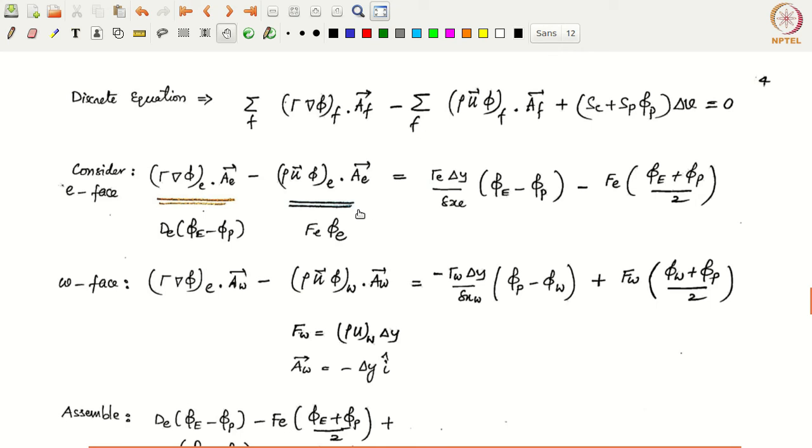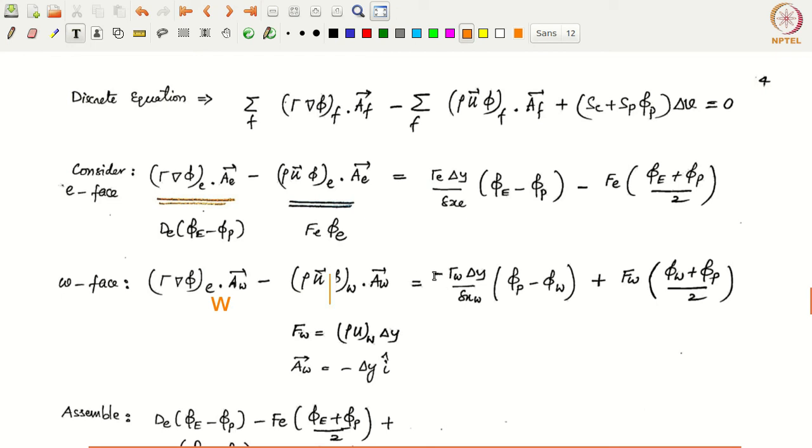All right. Now, can we write a similar expression for the west face? Yes, we can. So this is of course a mistake; this was supposed to be W. Now this would be gamma grad phi w dot Aw bar minus rho u phi w dot Aw bar.